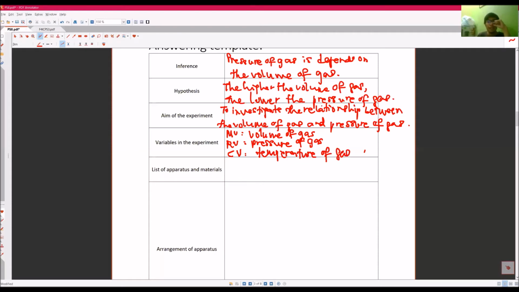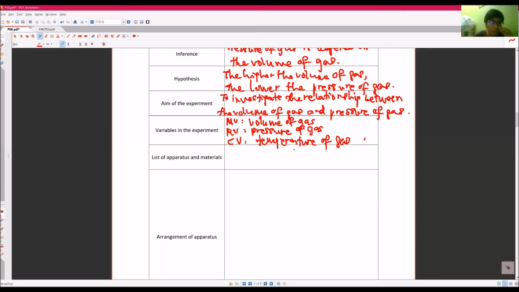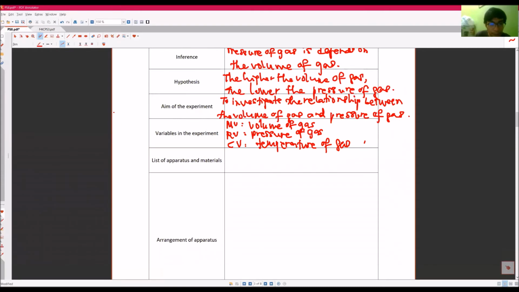Basically, if the experiment is related to gas law, you must have 3 properties of gas, but the order of the properties is different based on the laws. For example, Charles' law: MV is temperature, RV is volume and CV is pressure.